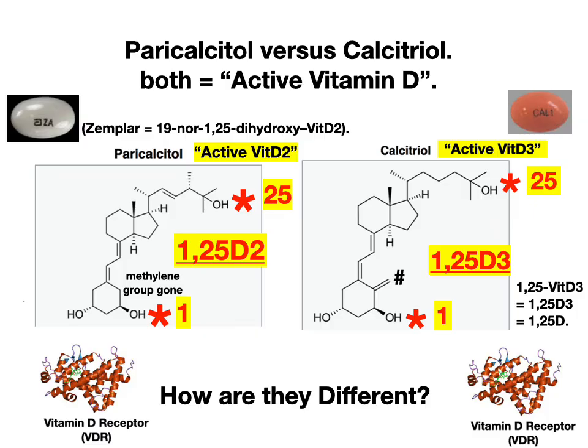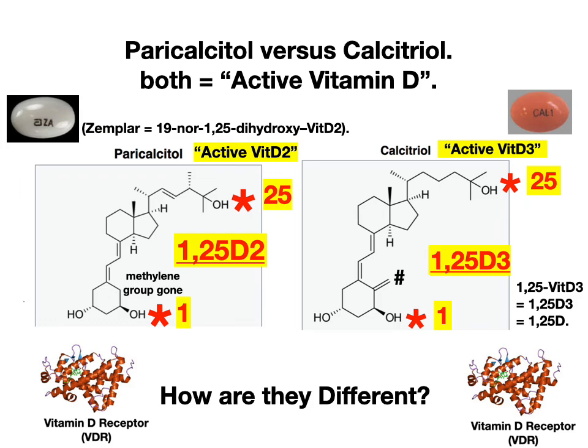As I mentioned, 19-nor indicates that a methylene group has been removed from the 19 carbon position. In a subsequent YouTube video, we will go into the IUPAC nomenclature for these chemical bonds.